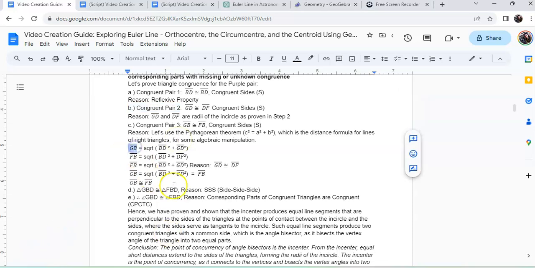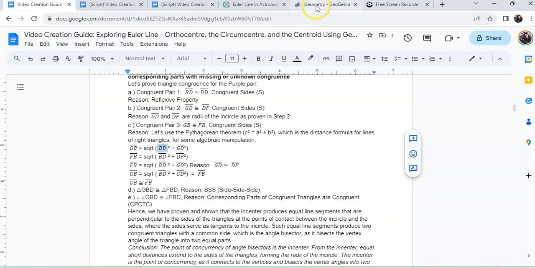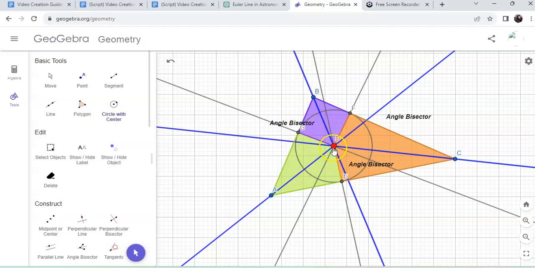So we have side GB, which we don't know, it's missing, for example. So we are going to find the square root of the square of side BD plus the square of side GD.